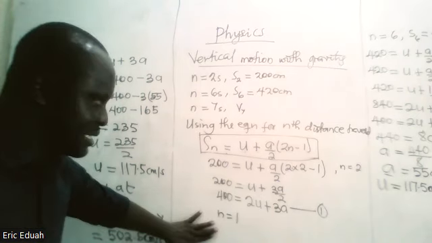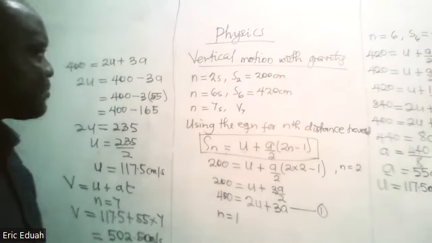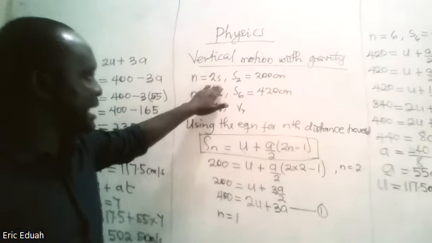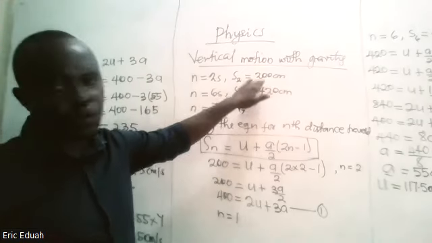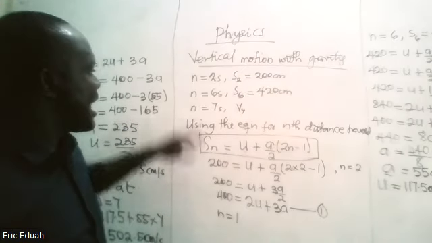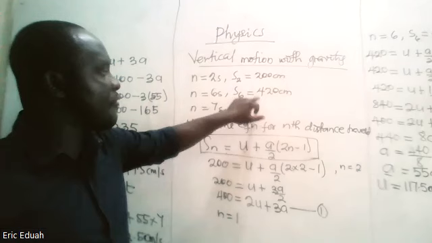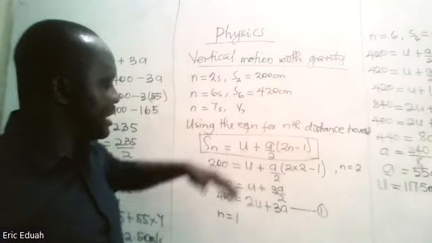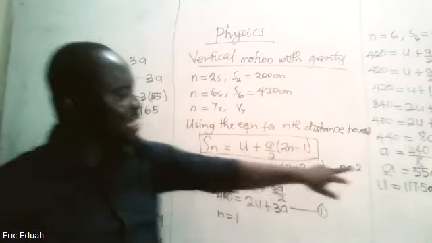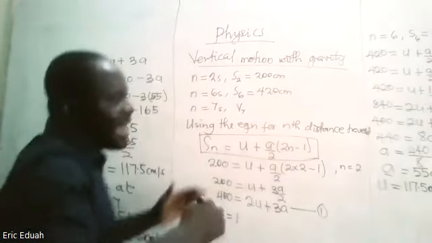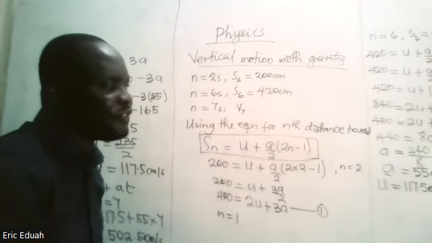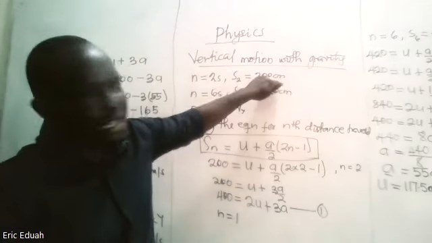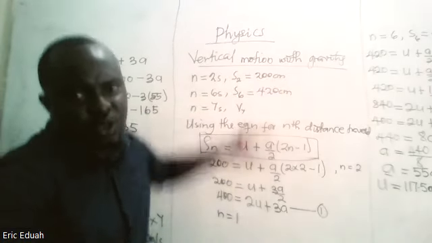When you use this, what it means is that for us to have a distance of 200 centimeters covered at the second, and a distance of 420 centimeters covered at the 6th second, the body would have to start with this initial velocity and accelerate at a rate of 55 centimeters per second squared.